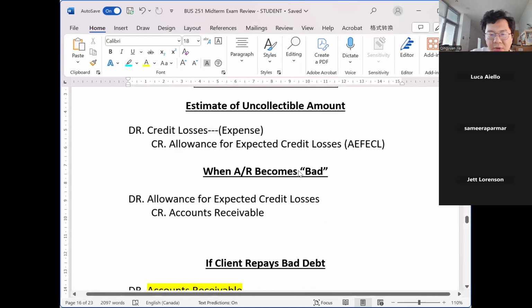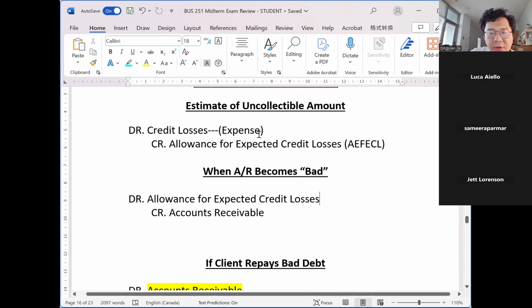But when the account receivable really becomes bad, we will debit allowance for expected credit loss for the part that becomes bad, and we will credit account receivable. So in this way, account receivable will be decreased, and we are trying to clear out this part of the allowance for expected credit loss.